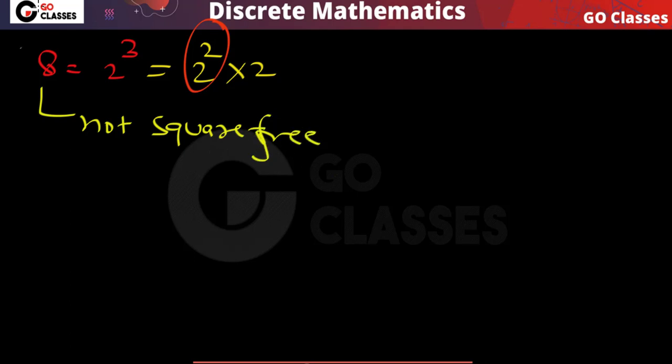What is the definition of square free? Square free means it is not divisible by a square.